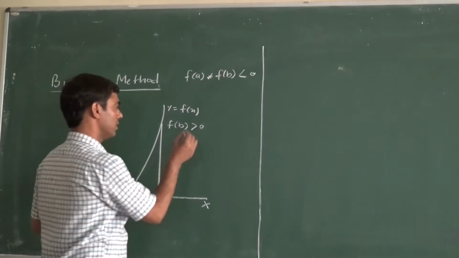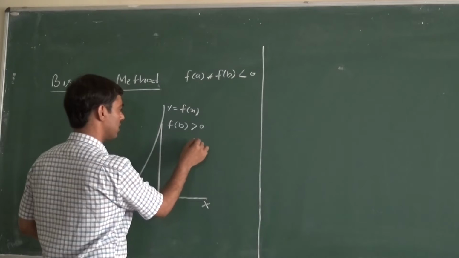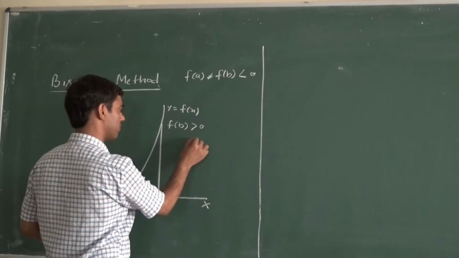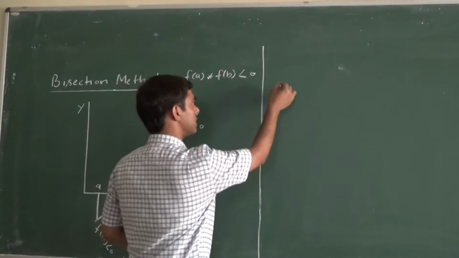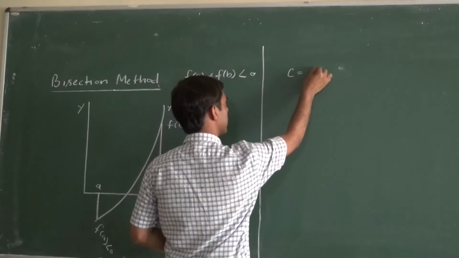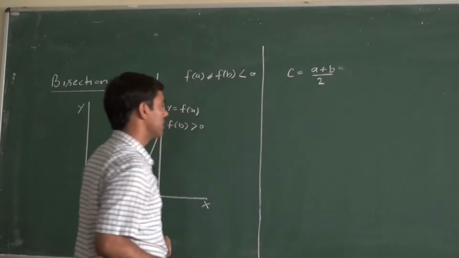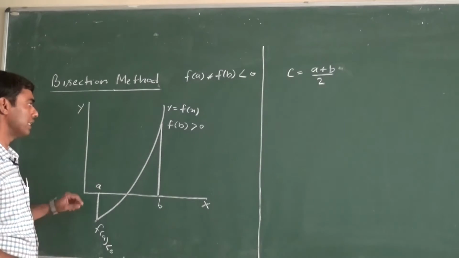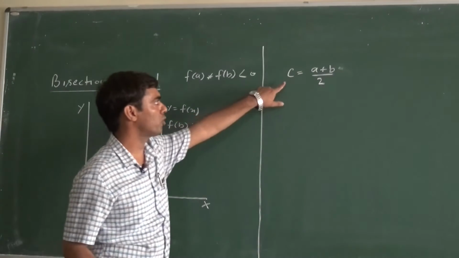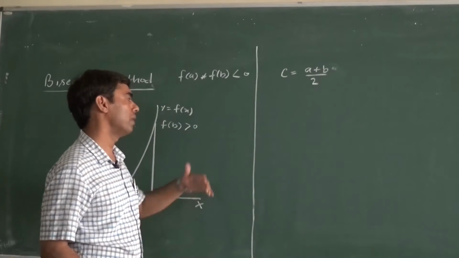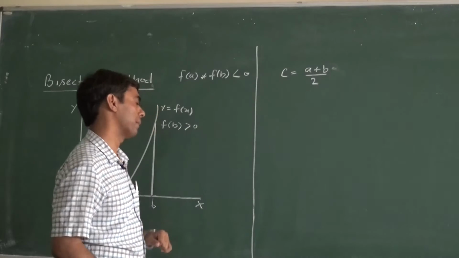Now to find the next point, suppose we take c equal to (a plus b) by 2. Then we examine the nature of the function at point c. What is the value of the function at point c?